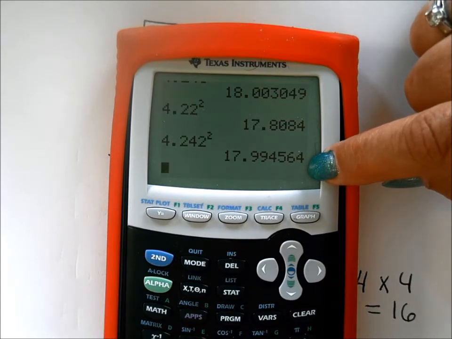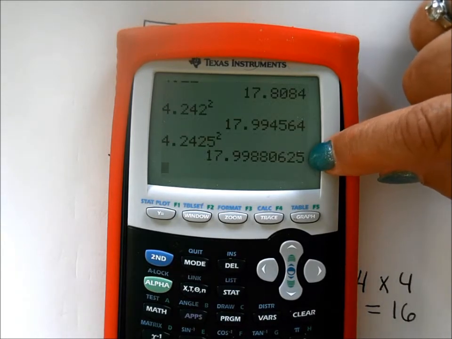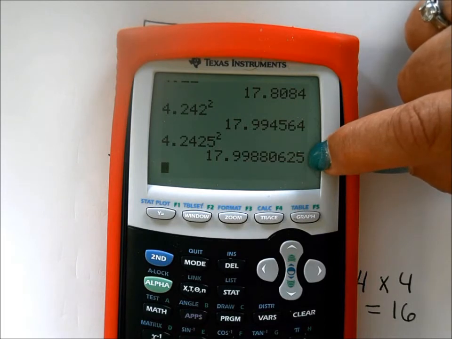I'm going to try 4.2425 squared, and I get a little tiny bit too small, so I'm going to have to go a little bit bigger.